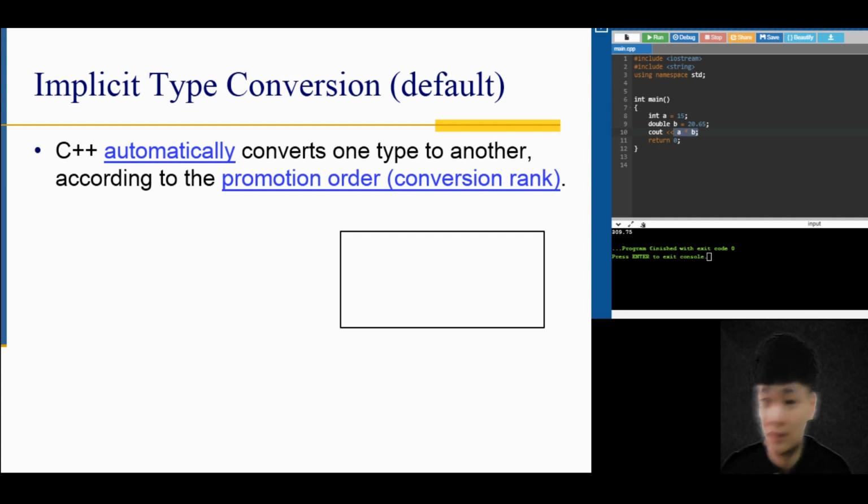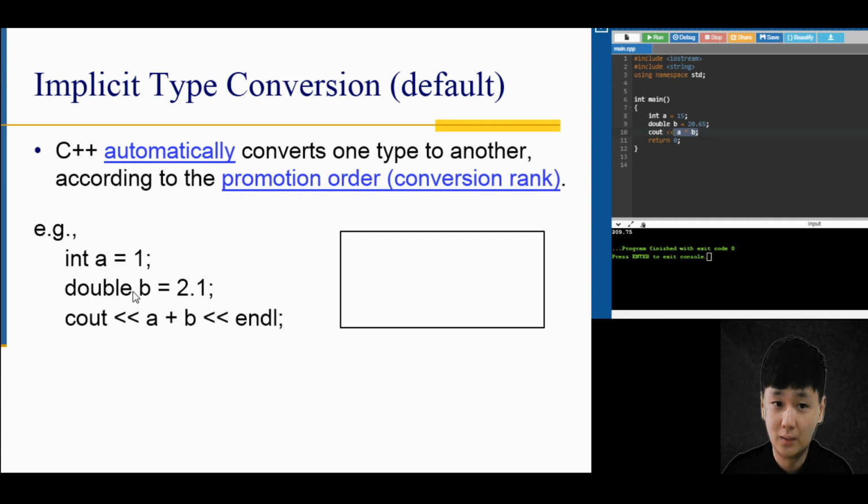Given this situation again, we have a equal to 1, and b, a double, equal to 2.1. What will be the result? As I mentioned just now, C++ has a rule. In order to perform calculations, we have to make sure both variables are from the same data type.